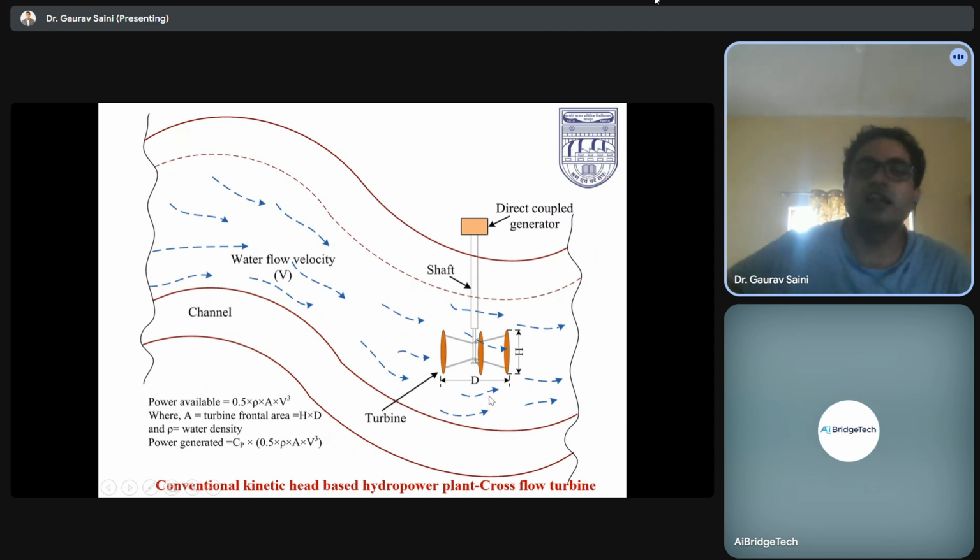Directly we can get the frontal area of the turbine, that is H into D, and rho is again the density of the water. The power generated is Cp times this equation, where Cp is the power coefficient or coefficient of performance of the turbine. That depends on what kind of turbine we are utilizing for the generation of energy from the kinetic energy.